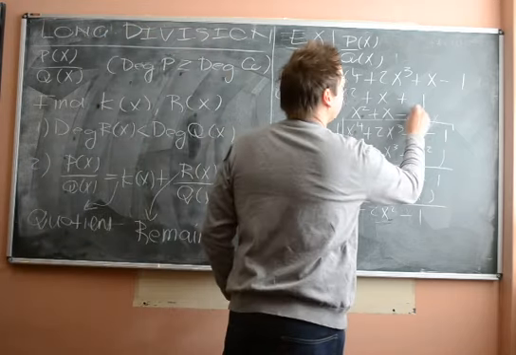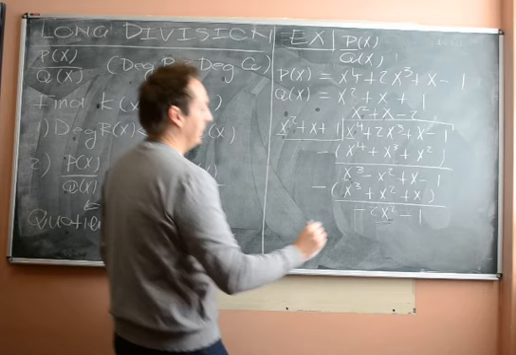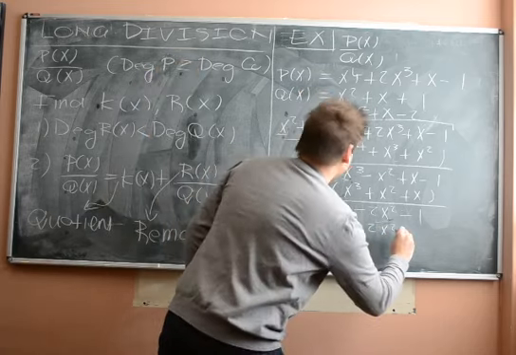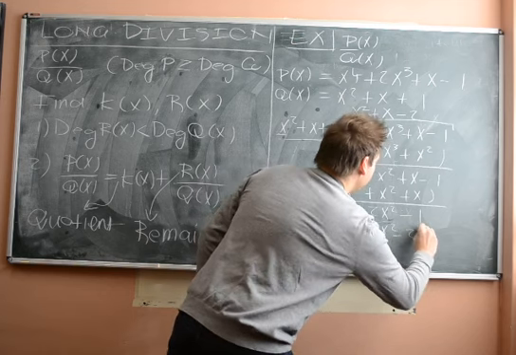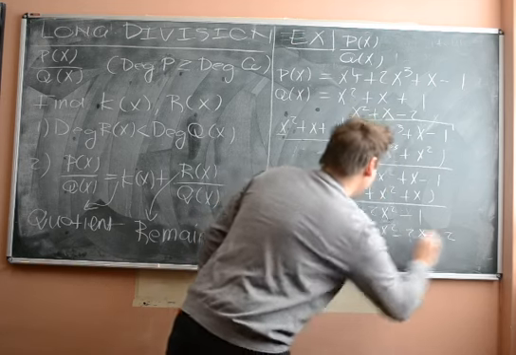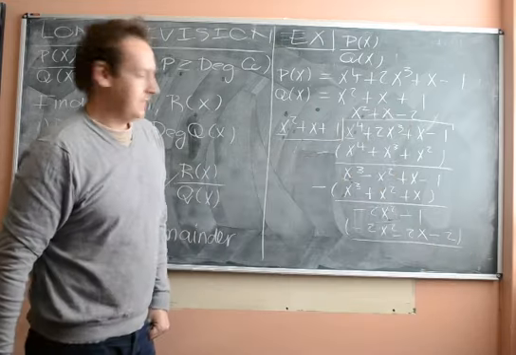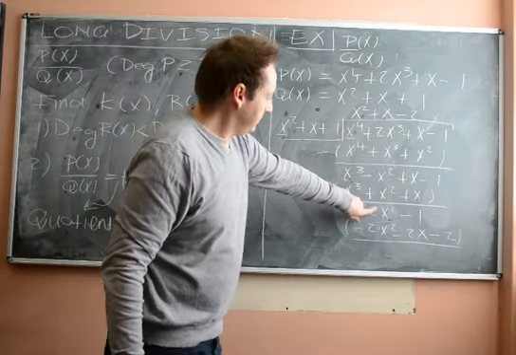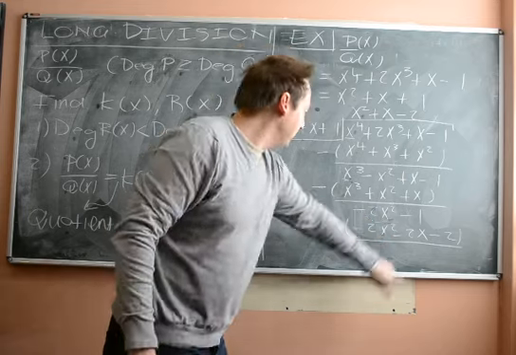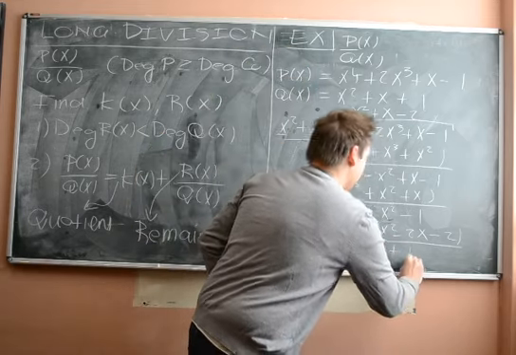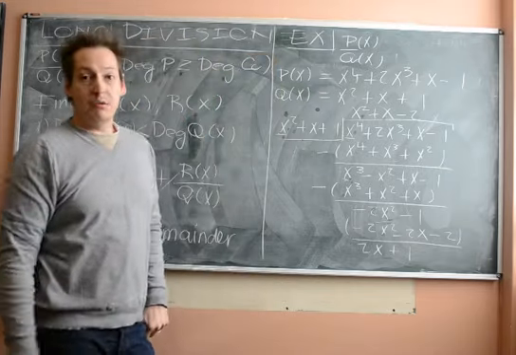That gives us minus 2, and we multiply in, minus 2x squared, minus 2x, minus 2, and we subtract. So the x squared terms are going to go away. We'll get 2x plus 1. And now we stop.